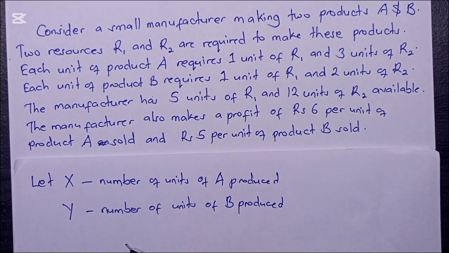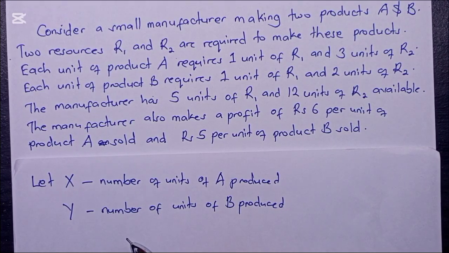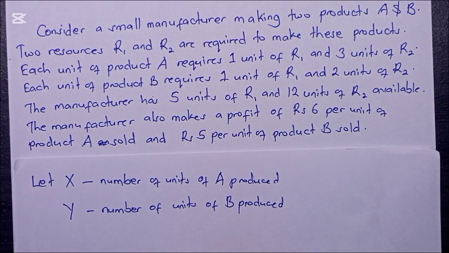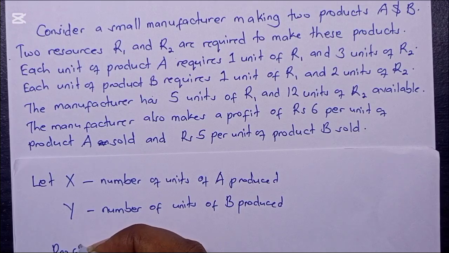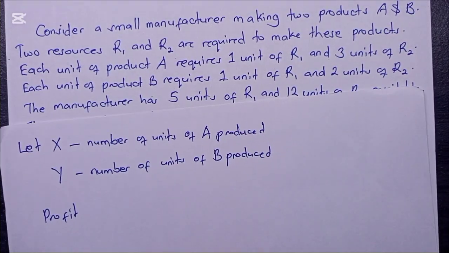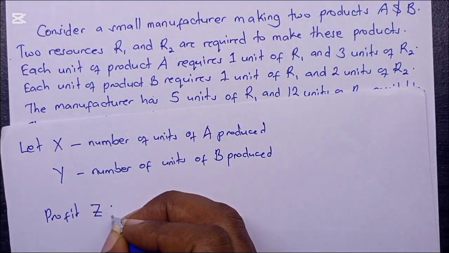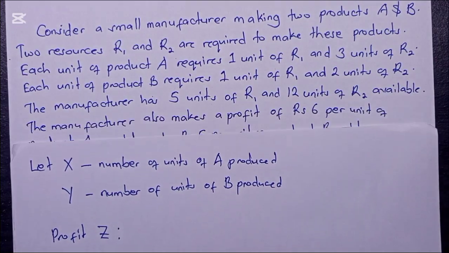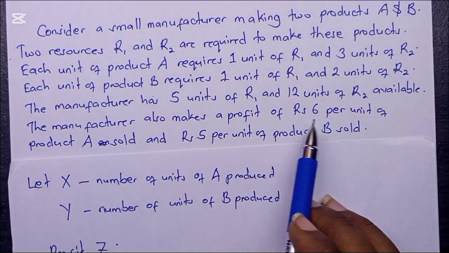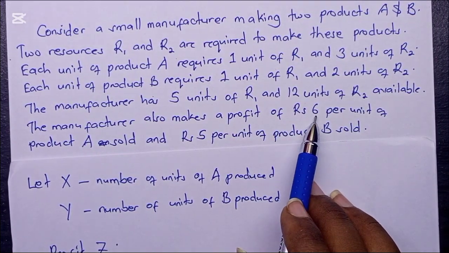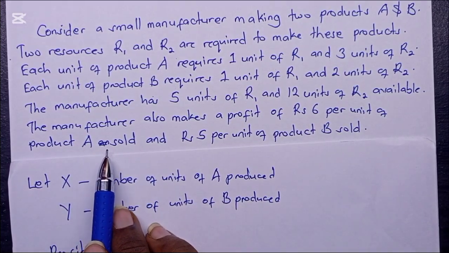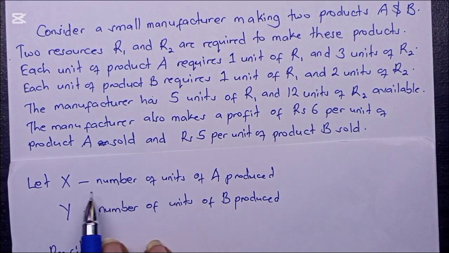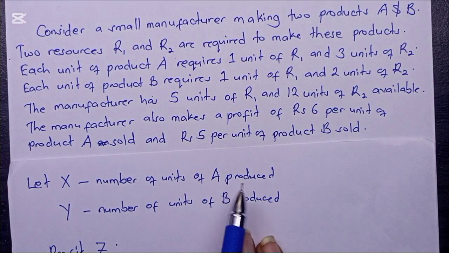So if the manufacturer produces x units of A and y units of B, then the profit Z that he makes will be, remember, we were told he makes a profit of 6 rupees per unit of product A produced, and we've said let x represent the number of units of A produced.